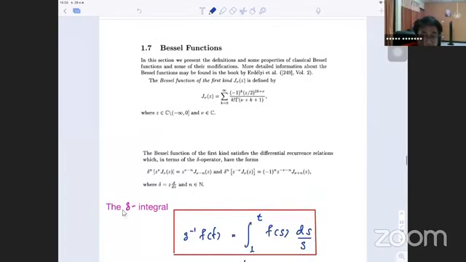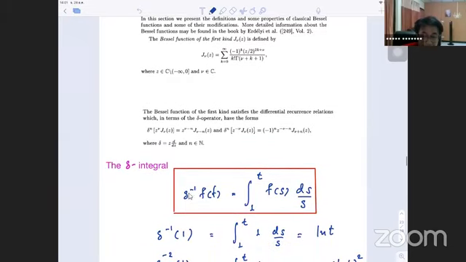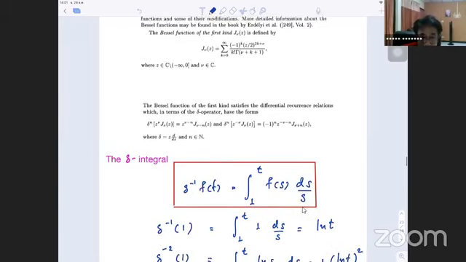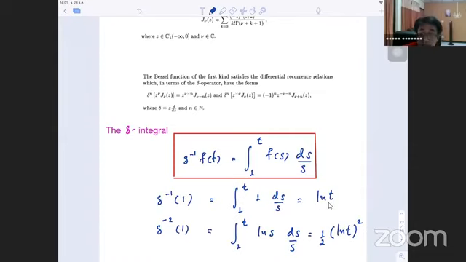Next, the delta integral. It's not a well-known notation. I use this notation only in this presentation. Delta minus 1 of f equals the integration from 1 to t of f(s) ds over s. Integration of 1 equals log t.